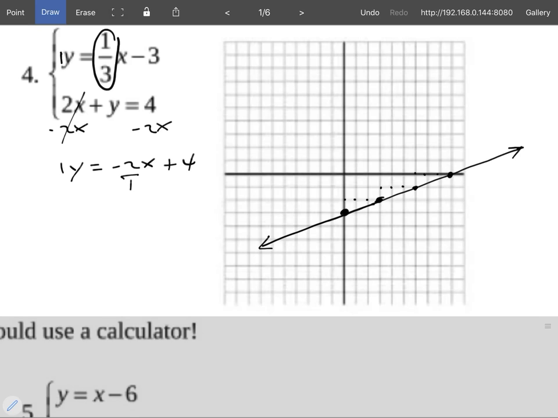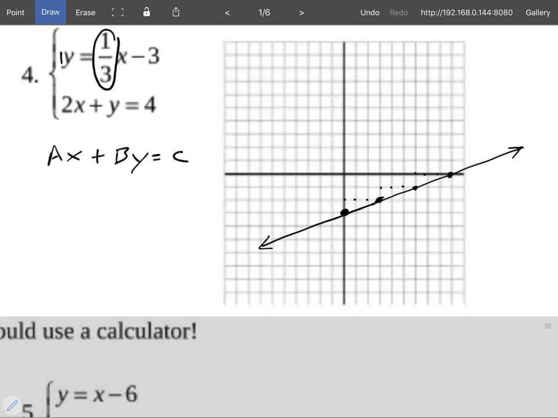But actually on this one, I'm going to graph it a different way. Since that's in standard form, so that equation 2x plus y equals 4, that's in the form ax plus by equals c.